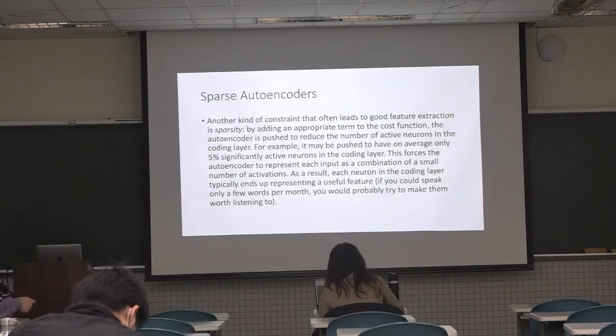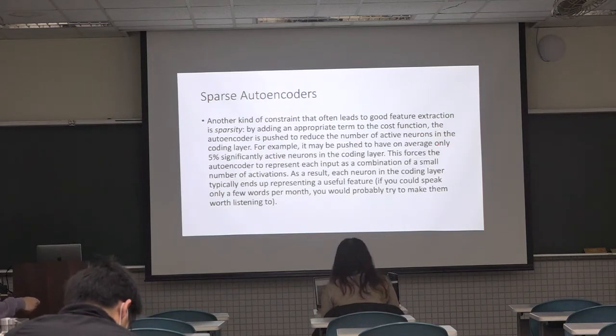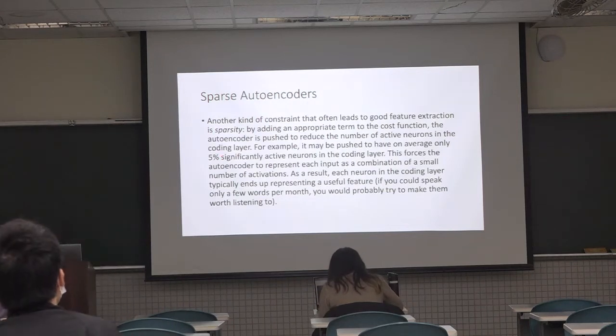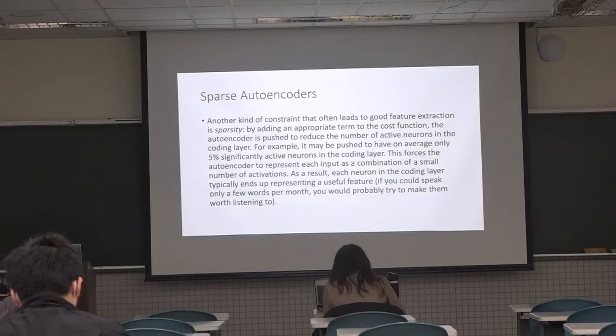Sparsity: by adding an appropriate term to the cost function, the autoencoder is pushed to reduce the number of active neurons in the coding layer. For example, it may be pushed to have on average only 5% significantly active neurons in the coding layer. So only 5% of the neurons in the coding layer will be active.